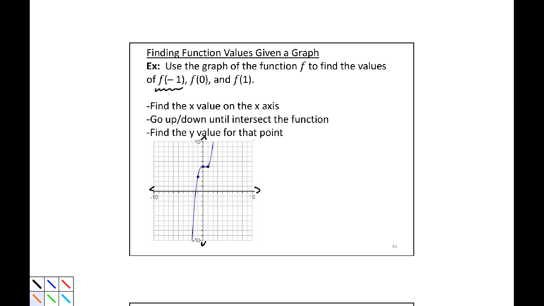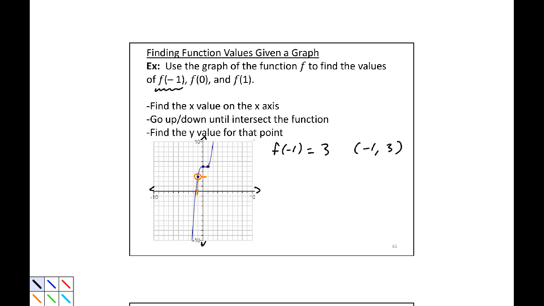So if we find our input of -1, what is the y value, or the ordered pair that lines up with that? Well, if we trace up here, we see this point right here that is at a y value, an output value of 3. So f of -1 is 3, which means we have the point (-1, 3) on our graph.